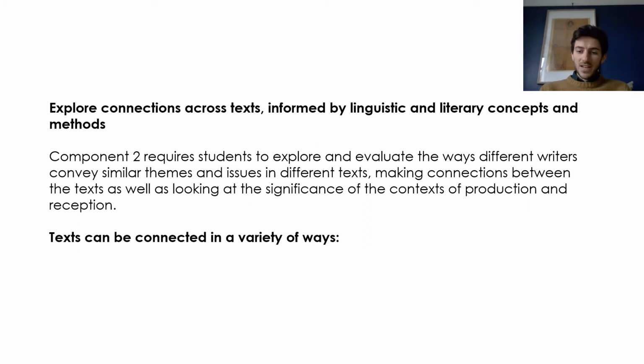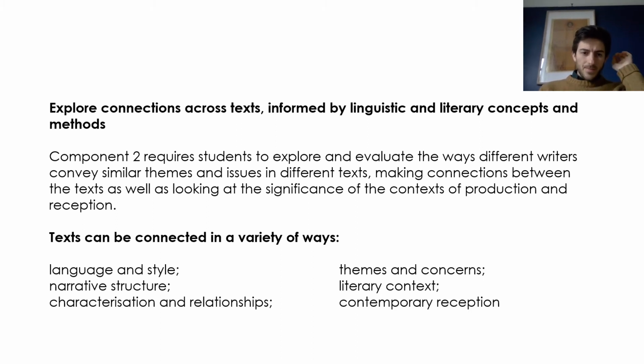Now, texts can be connected in a variety of ways. It's not just the language or the themes. Here are the ways they can be connected. The language and style that the writers use. The narrative structure that they use. They both use a frame narrative with dual narrators. The characterization and relationships that we see in these texts. The main themes and the concerns that they have could be similar or different.